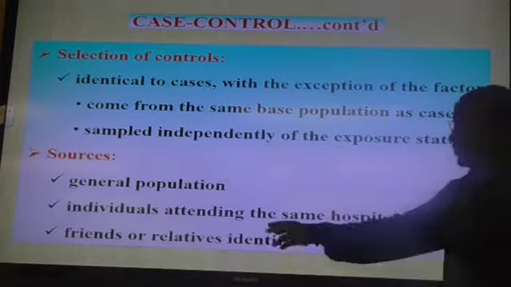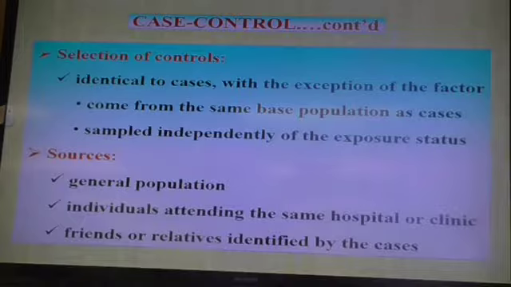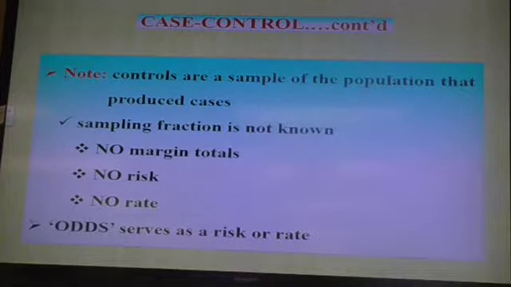Sometimes people also use relatives identified by the cases, because you want cases and controls to be very alike. They should be similar, except for the presence or absence of disease. So this is how we will select our cases and our controls.